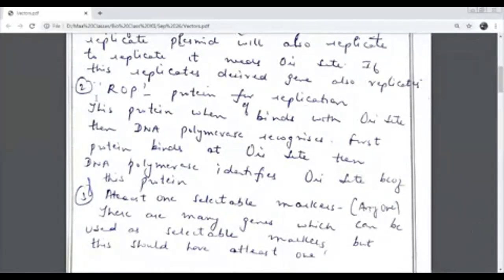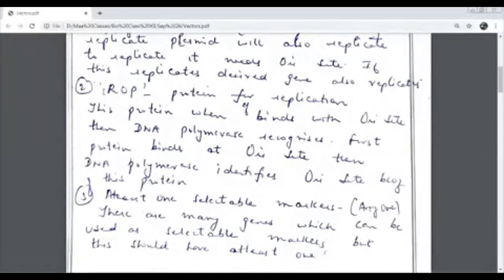Now try and understand how this protein will help in replication. If you remember, we had done the working of DNA polymerase. DNA polymerase comes and attaches itself at a particular site, the ori site. With transcription and translation, we said DNA polymerase will come and attach itself to a particular site, the ori site.